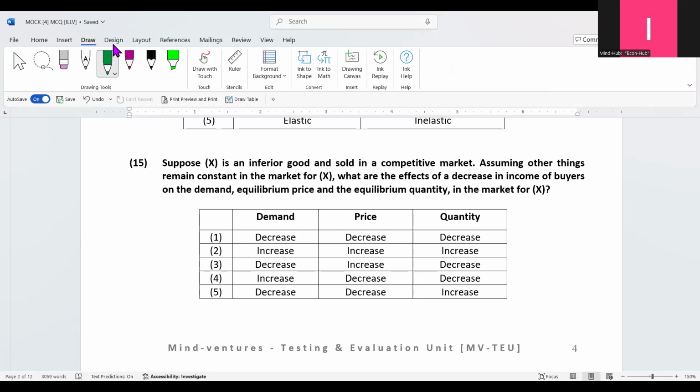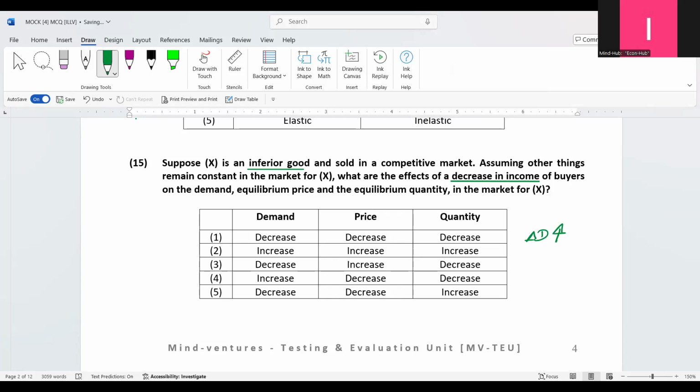Remember, it's an inferior good. So that means the relationship between income and demand is negative. So income is decreasing. Decrease in income. So if income decreases, basically what will happen is demand will increase. So we are looking at a situation where there is an increase in demand.